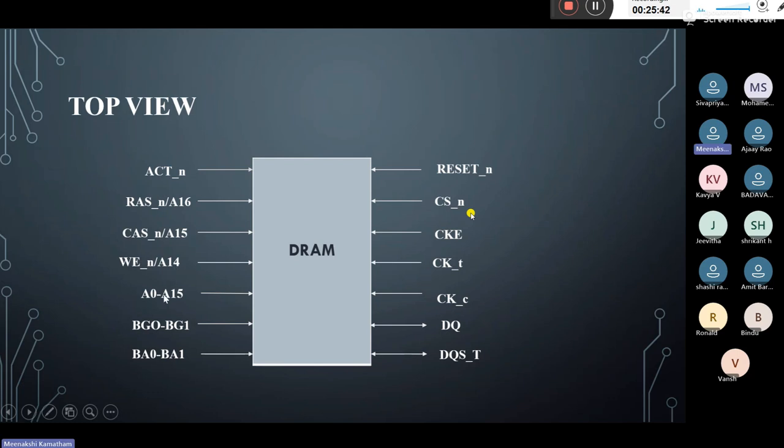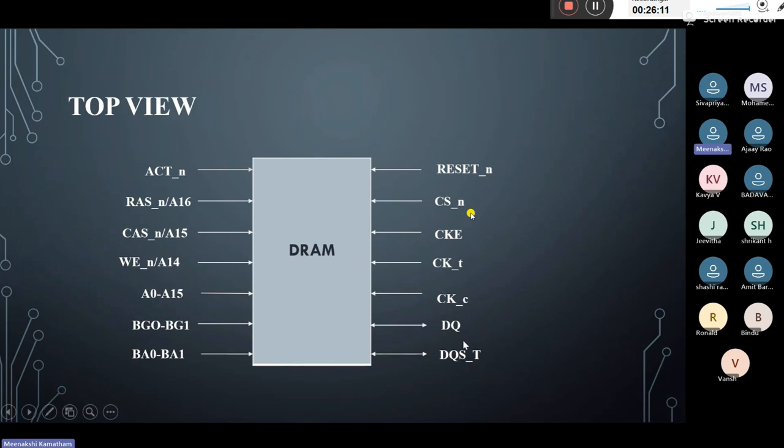In DDR we have 16 address lines, four bank groups and four banks, and chip select. CK_t and CK_c are the differential clock signals, and DQS also.